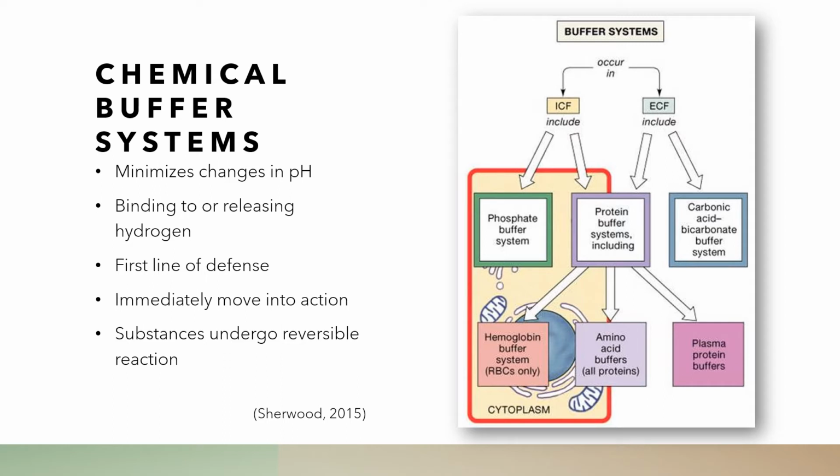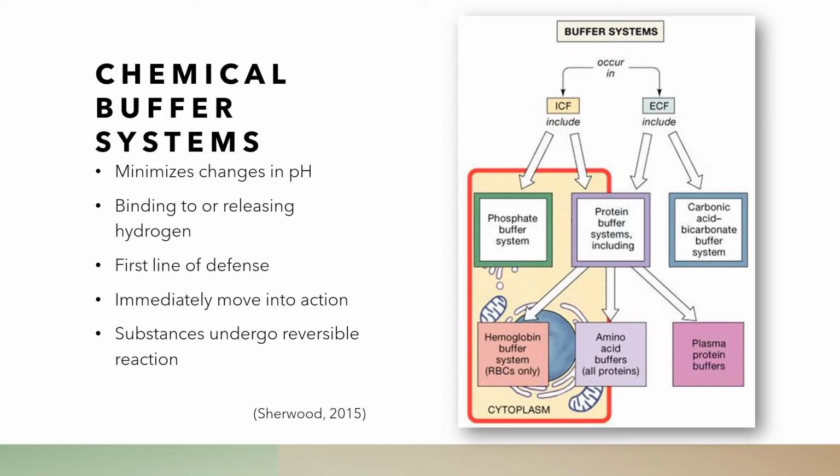When hydrogen ion concentrations in the body become too low, carbonic acid undergoes a chemical reaction in which it loses or donates one of its hydrogens and transforms into bicarbonate. When the hydrogen concentration becomes too high, bicarbonate is able to bind to the extra hydrogen ions, forming carbonic acid.